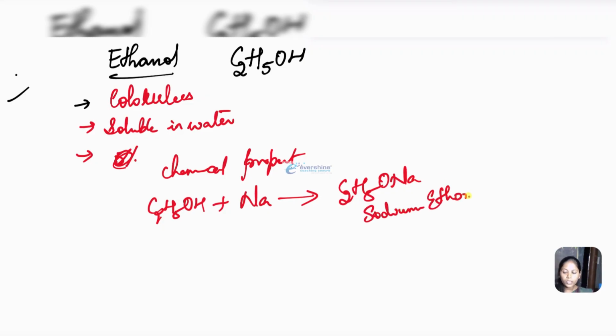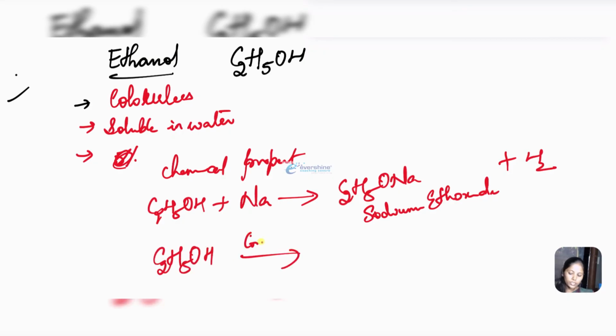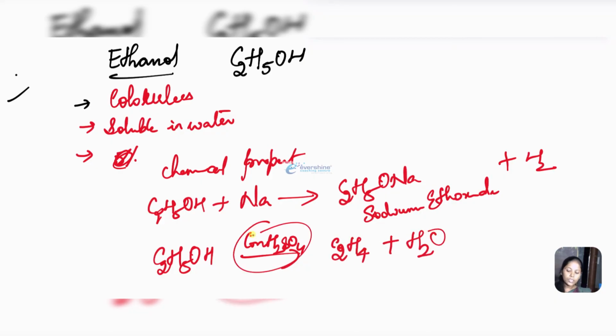What happens when you add sulfuric acid to ethanol? It will convert into ethene. This is a good dehydrating agent. Which one? Concentrated H2SO4 is a good dehydrating agent. What will it do?